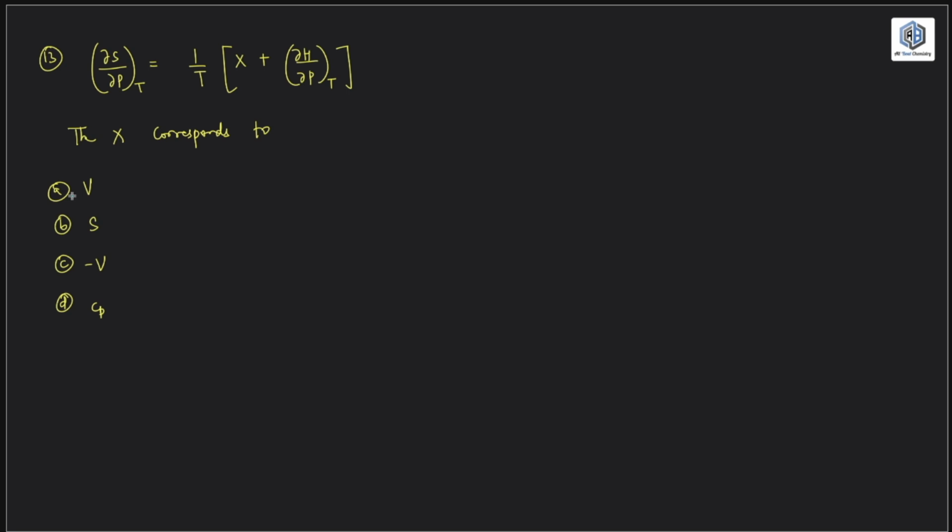The last question was from thermodynamics, the 13th question, and over here it asks what is the value of x? So this is from the second thermodynamic equation of state. If you know this, you could have answered this very correctly.